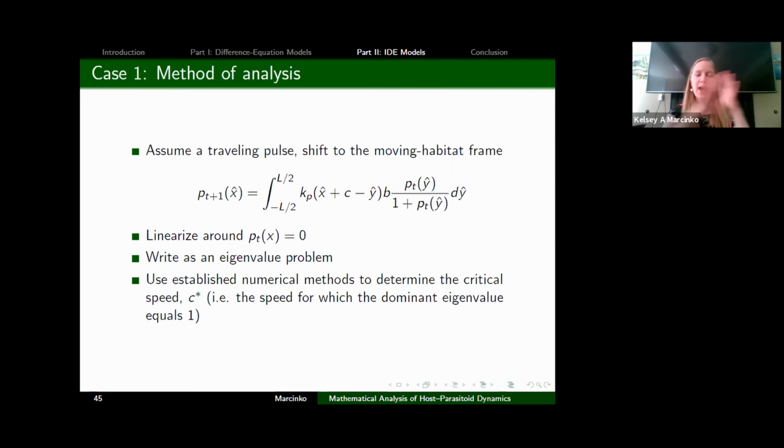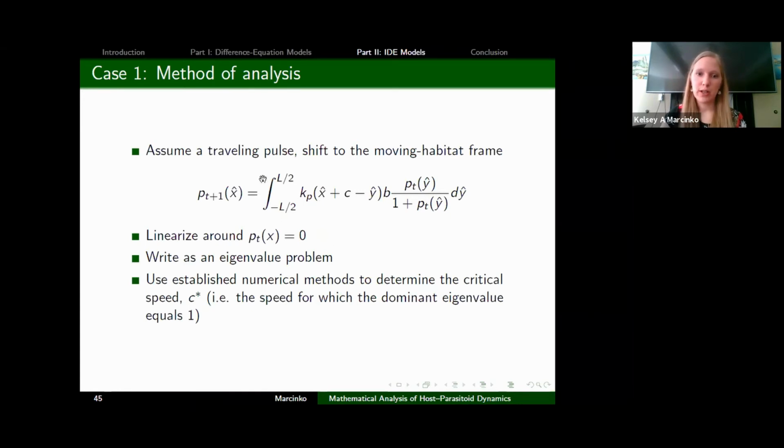Okay, coming back to case 1, how are we actually going to determine the critical speed? For case 1, remember that it is a single integrodifference equation, which has been studied by other authors. So following those traditional methods, we assume a traveling pulse and we shift to the moving habitat frame, which means that I now am looking at things in terms of an x hat and a y hat parameter.